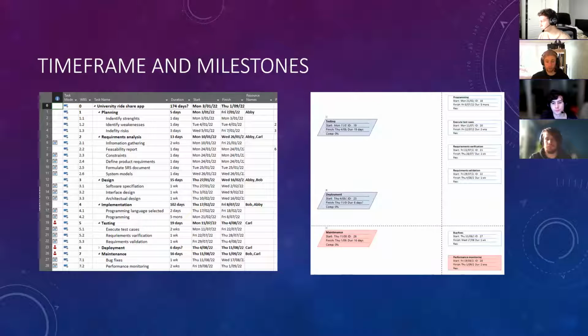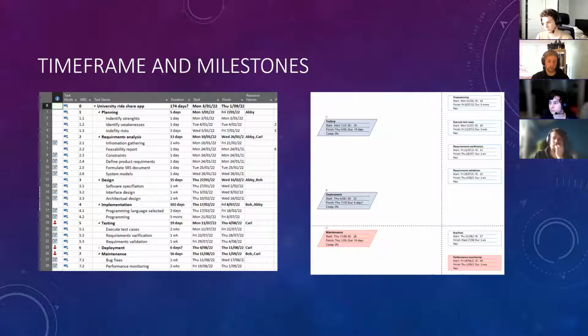System models are then also explored in the requirements. This could be anything from UI mockups and wireframes to additional UI designs, like storyboards.